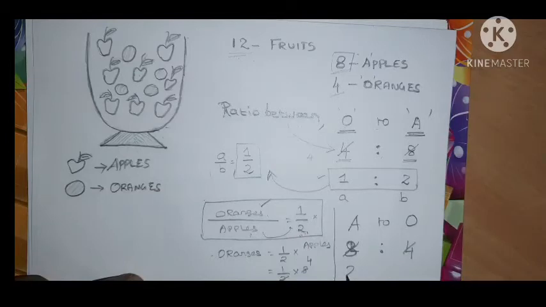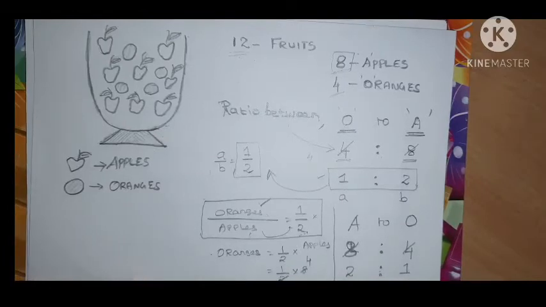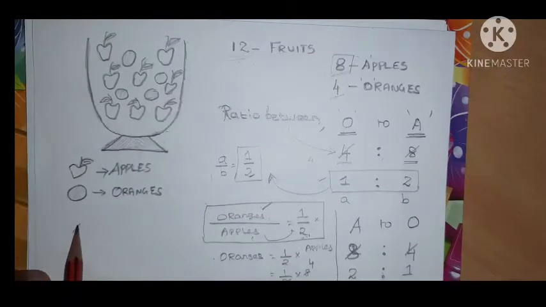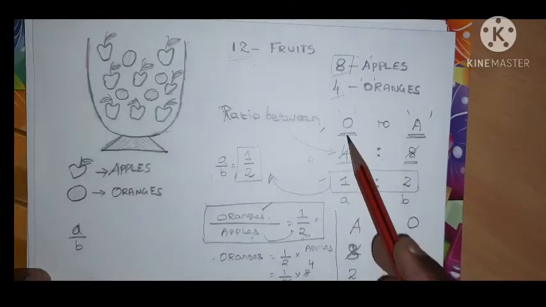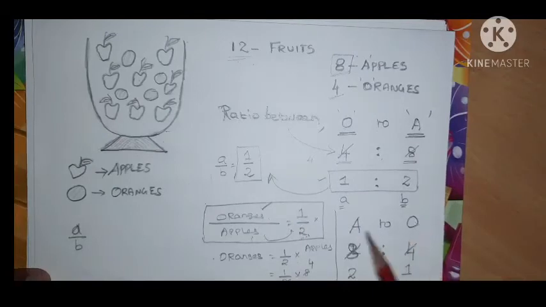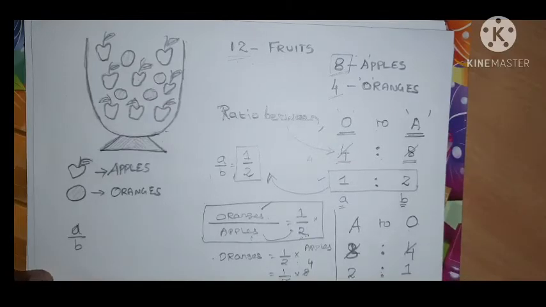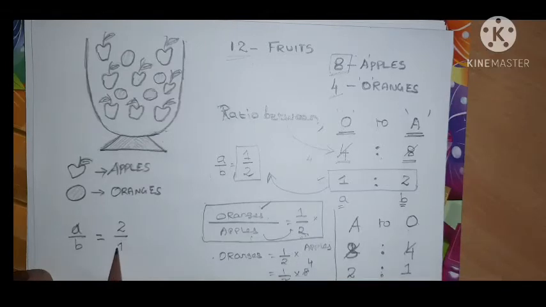When we cancel, 2 fours are 8 is to 1 four is 4. 2 is to 1. It means the ratio A by B: in the previous case, oranges was A and apples was B. Now the order is reversed, so apples becomes A and oranges becomes B. So A by B can be expressed as 2 by 1.